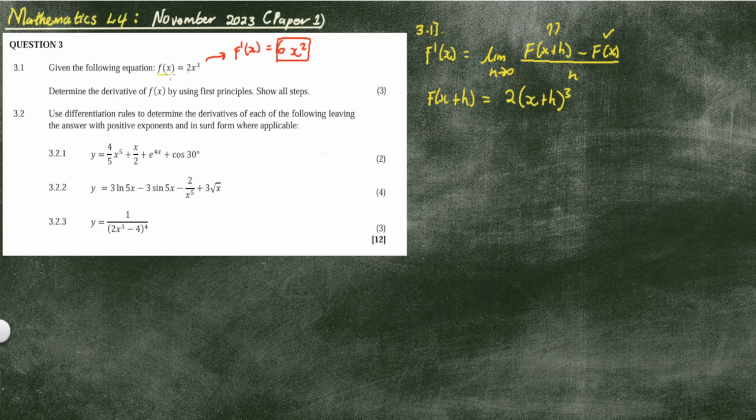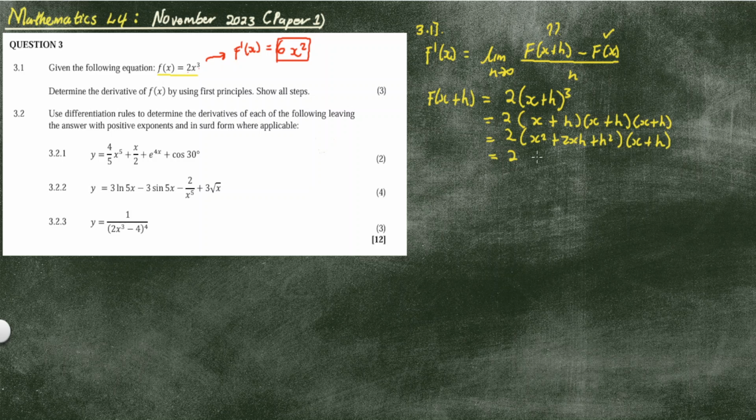So you basically take f of x, and where there's x you substitute x plus h, then you simplify. With the 2 and the bracket to the power 3, you're going to FOIL the first two. That gives x squared plus 2xh plus h squared, then times x plus h.